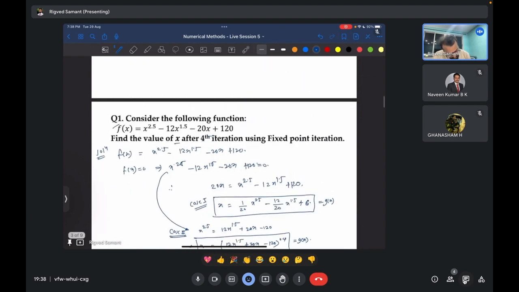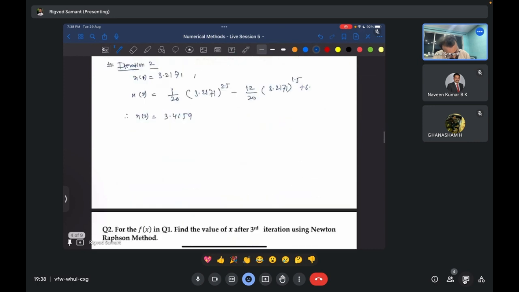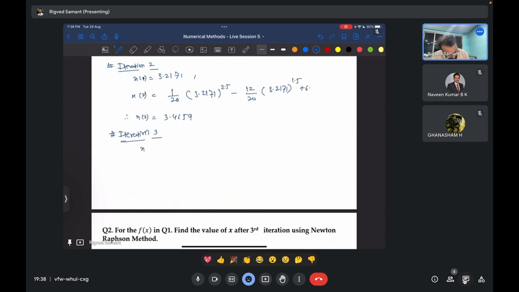So till what iteration is it? A fourth iteration. So iteration 3, x2 is there only: 1 divided by 20, 3.4659 raised to 2.5 minus 12 divided by 20, 3.4659 raised to 1.5 plus 6.